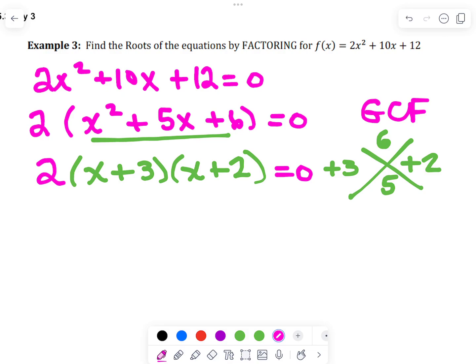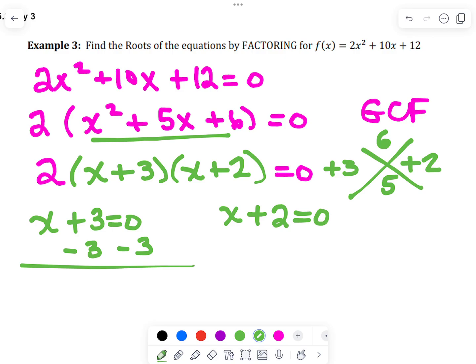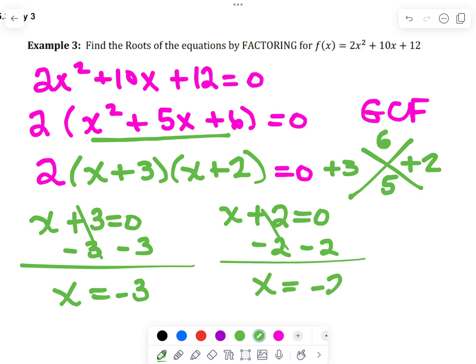Now we set the factors equal to 0 and solve for x. We get x plus 3 equals 0, and then x plus 2 equals 0. Now we solve them for x. We subtract 3. We get x is negative 3. We subtract 2. We get x is negative 2.